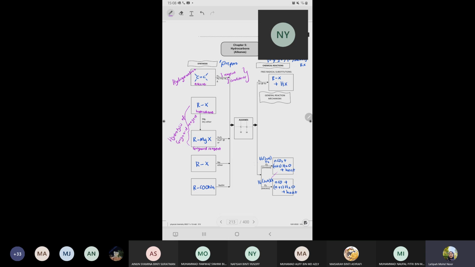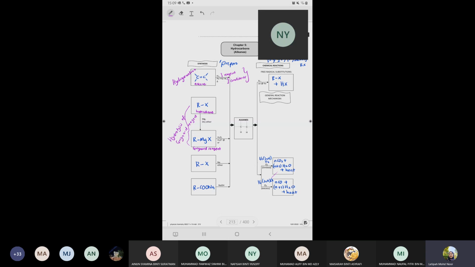But if it says name the type of reaction that occurs, let's say from alkane to alkene, then what you have to answer is what we learned in chapter 4: free radical substitution, electrophilic addition and so on. Okay? Okay, madam.